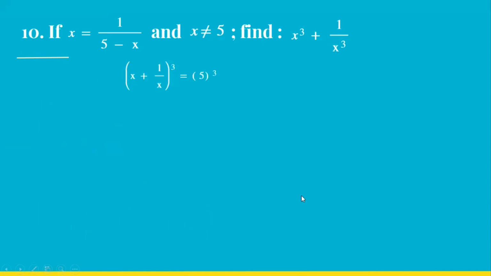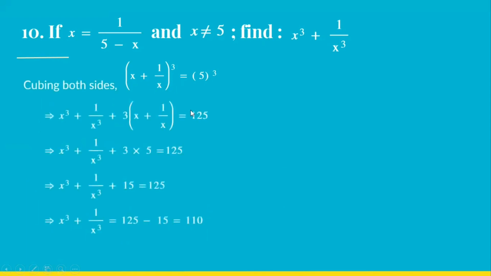Let us cube both sides. Cubing both sides, a plus b the whole cube is a cube plus b cube plus 3ab in bracket a plus b. So a plus 1 upon a the whole cube is a cube plus 1 upon a cube plus 3 times a plus 1 upon a, because here in 3ab, x into 1 upon x gets cancelled and it remains 3.